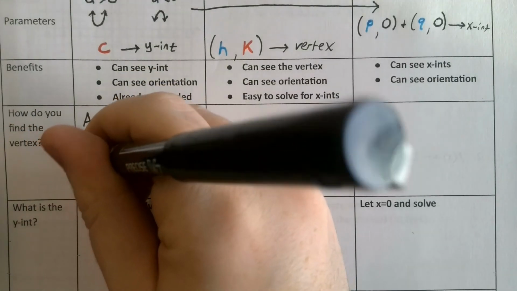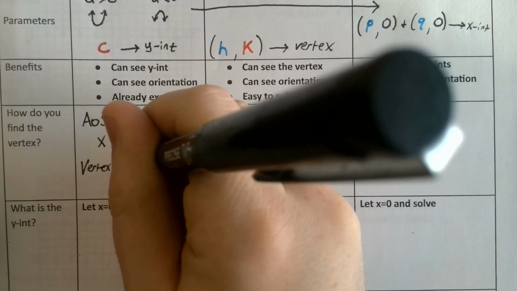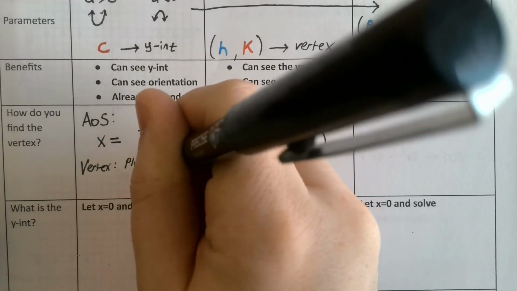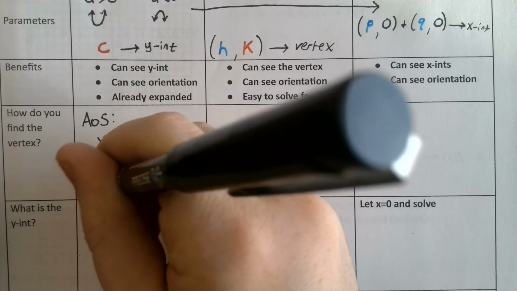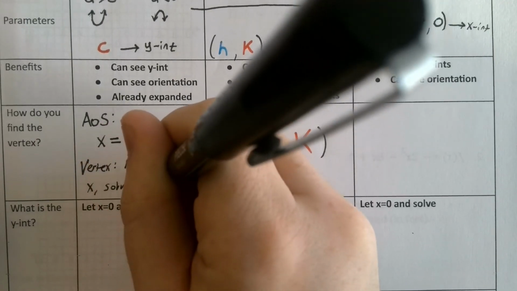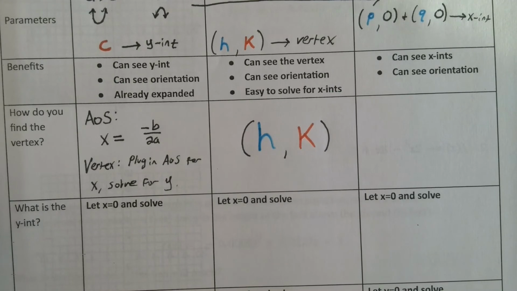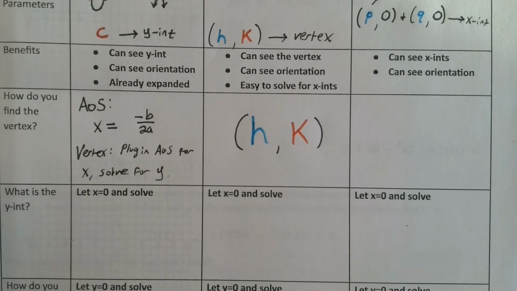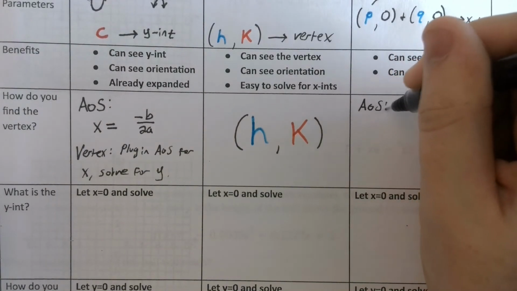So to find the vertex, we plug in the AOS for x and solve for y. In intercept form, it's also relatively tricky because we have a different formula.